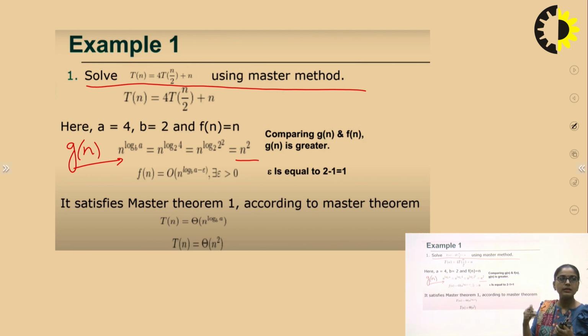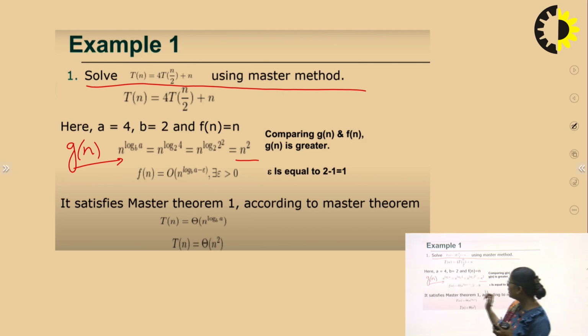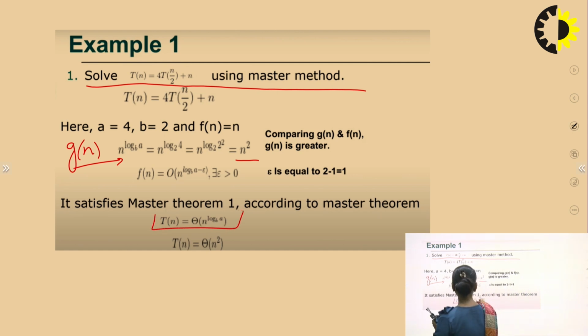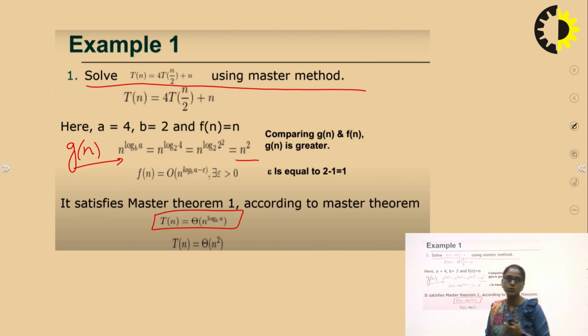So case 1 is applied, and the solution of case 1 is simply T(n) equals theta of n to the power log base b of a, and the value of this is already calculated, which is n square. So the answer of this recurrence is theta n square.